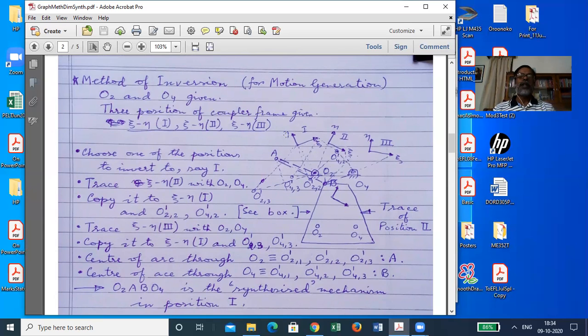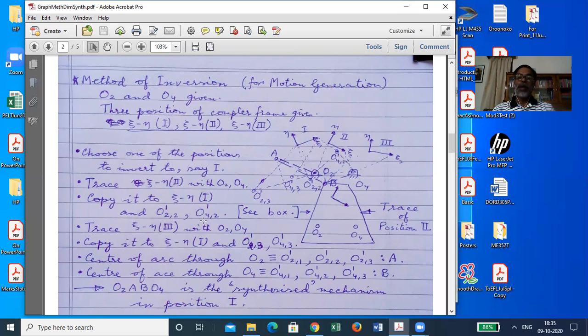So for the coupler, we have a frame of reference, xi eta, in the first configuration, second configuration, and third configuration. Now, this is too many dashed lines. Okay, so see the steps here, and on your paper, try to replicate those steps for a problem like this.